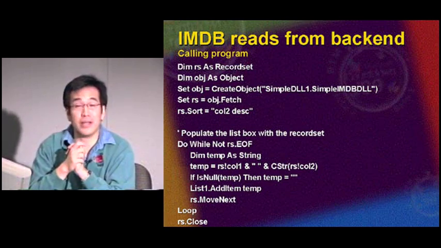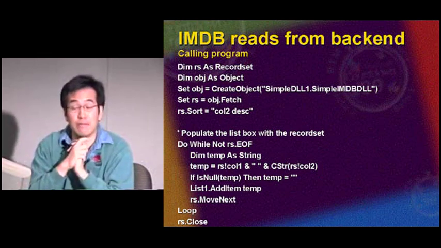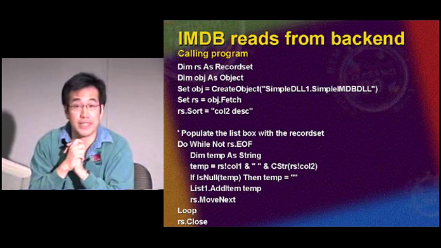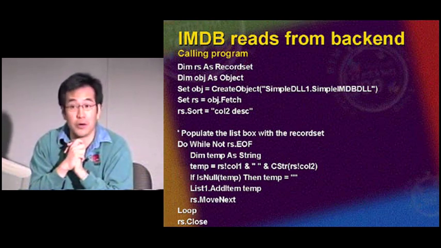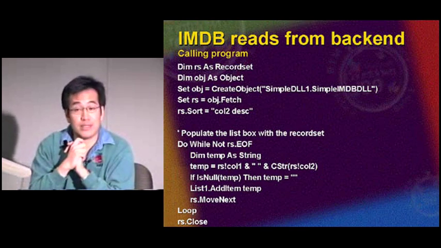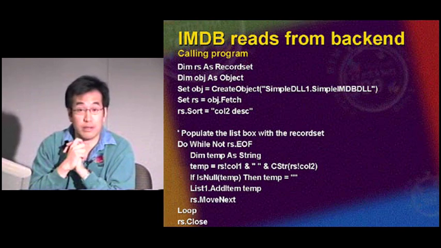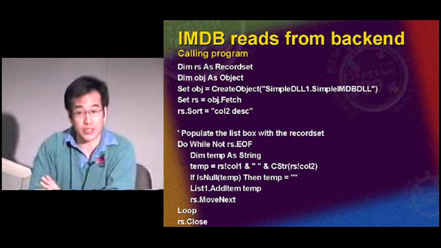We use the CreateObject call, and we know the name of the object we created to be that string literal name, simple DLL1.simple IMDb DLL. We fire up that object, it instantiates it, and at that point we can grab a record set from it because we know that the OBJ object that we have exposes the fetch method that we saw in the previous ActiveX DLL implementation.